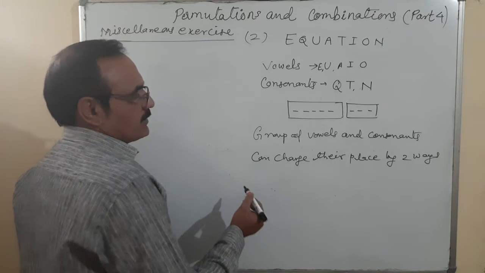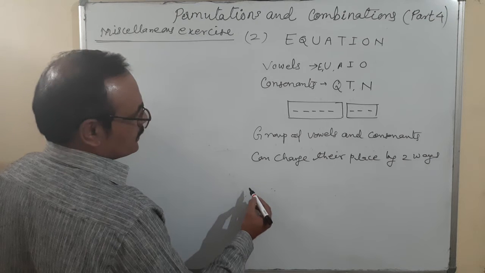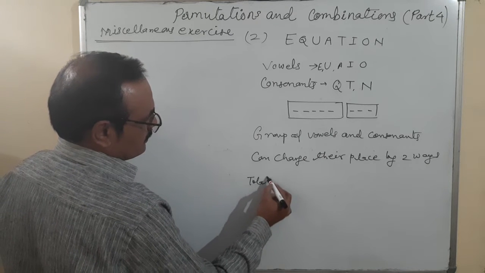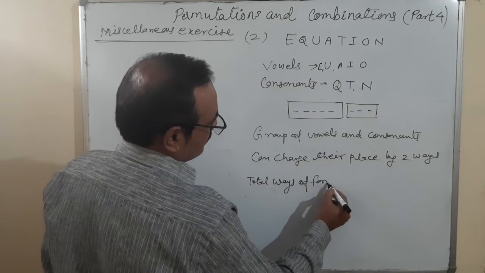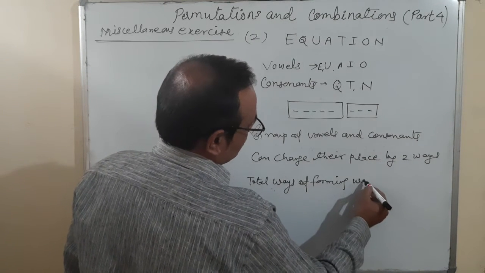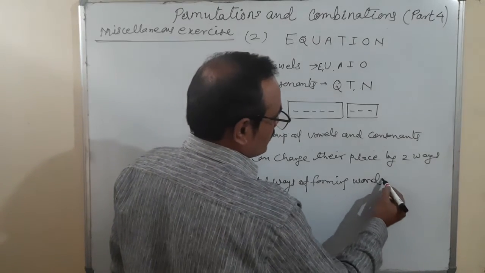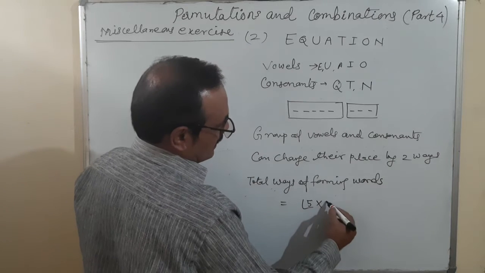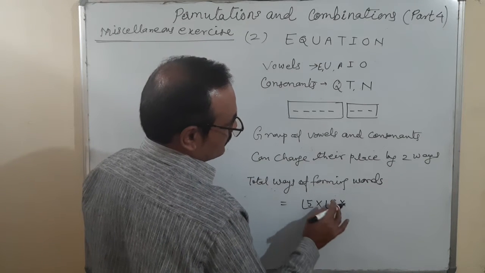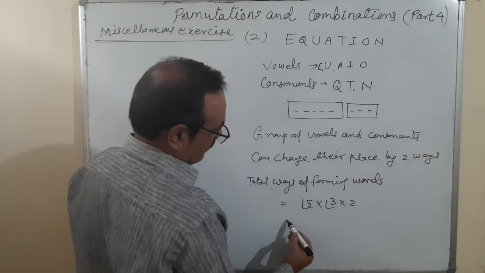So now the total ways of forming words is factorial 5 multiplied by factorial 3 multiplied by 2.